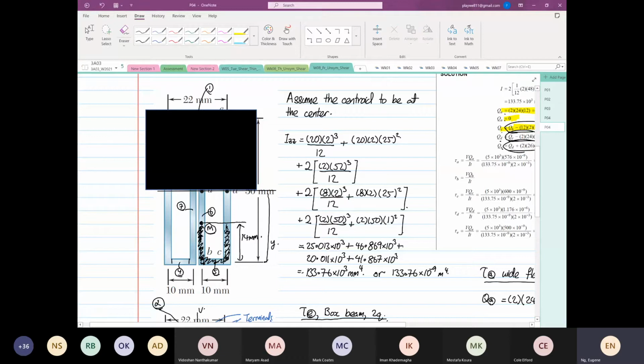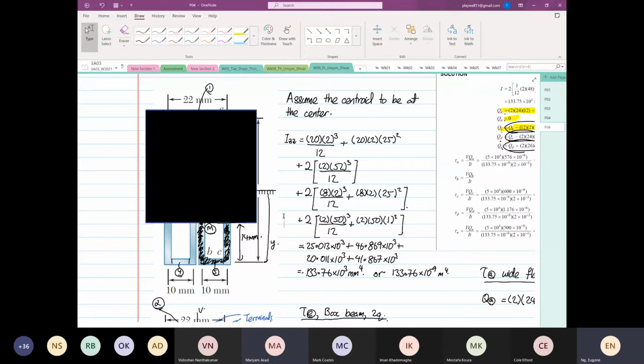And when I pull back, it covers the entire area, yes or no? But the Q for this case is a single Q. It's not a double Q. I know, when you look at this, you say this is a box beam. It's not. If I cover all the way here, the Q did not split, did it? No. That is why it's still a wide flange.